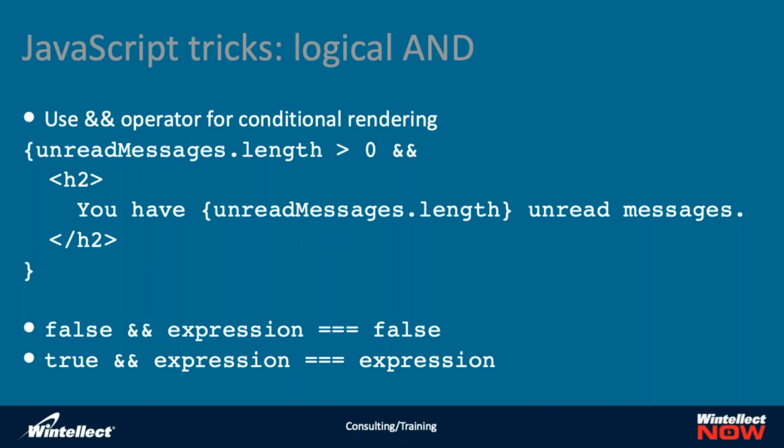The way this works is that if you have a false expression plus any other expression, that always results in false. But if you have a true expression, so if unreadMessages.length is greater than 0, plus any other expression, it returns the second expression. So this is a shortcut for doing an if-then, and you can use this in the return method of React. And you may see this, and that's what's going on here.